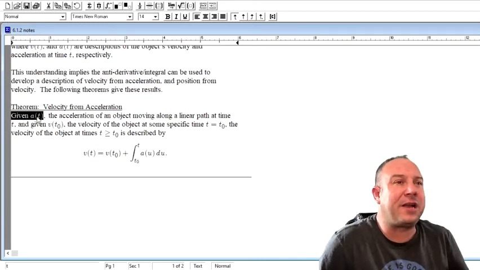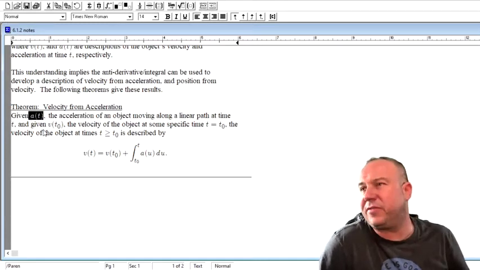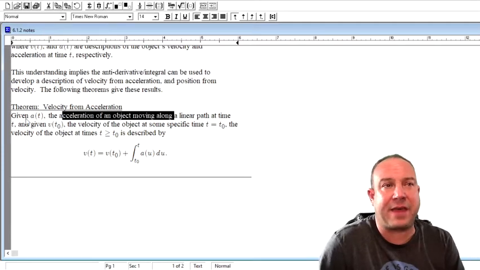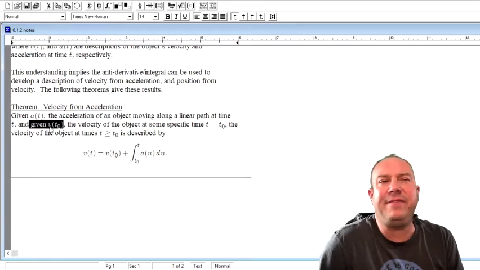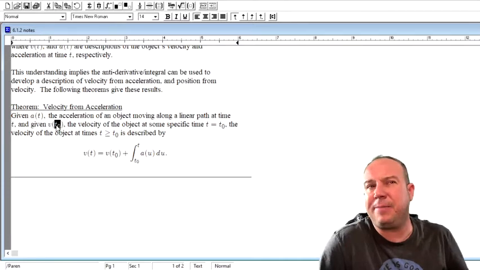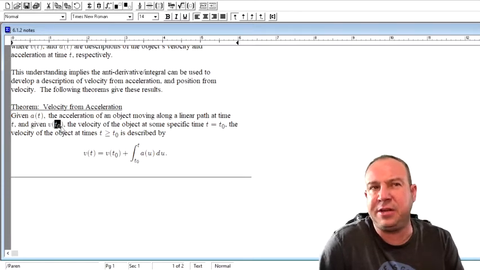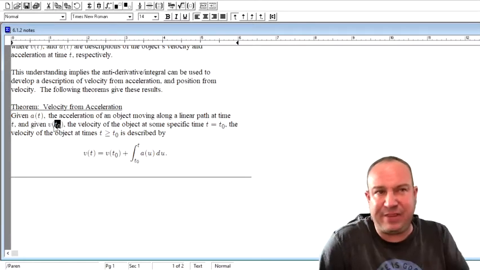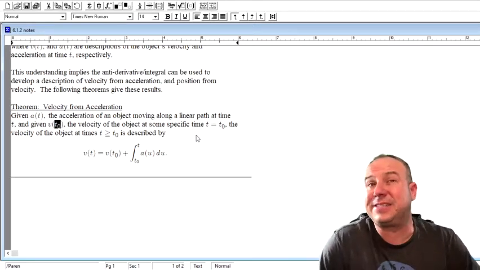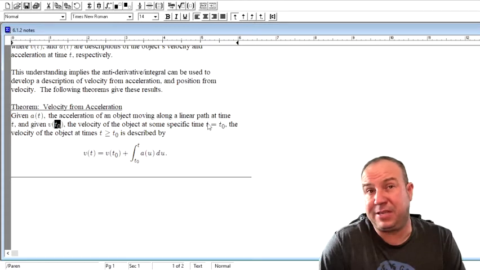It starts off by noting that we are given some description of acceleration, the acceleration of an object moving along a linear path at time t, and given our velocity's description at t sub null, or we might just call this t null. What t null describes is the velocity of the object at some specific time, t equal to some t null value.